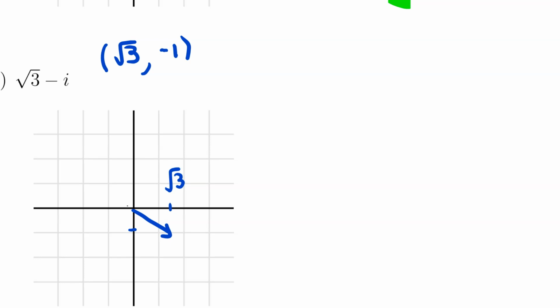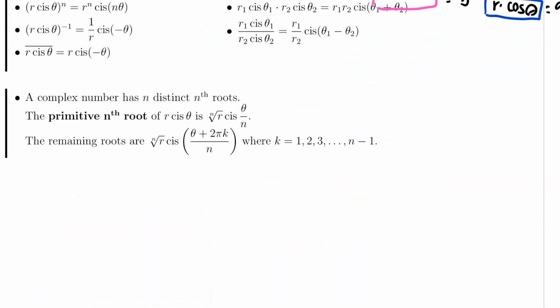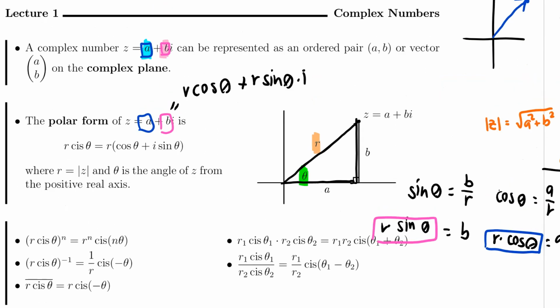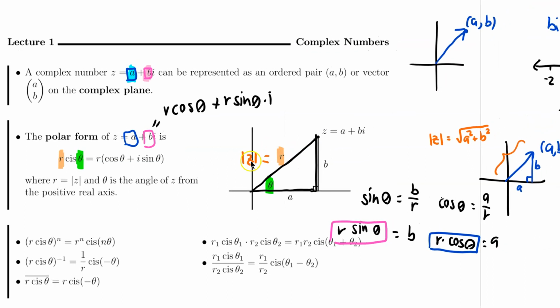Okay, so let me go back a little bit. Now, how do we write things in polar form? In polar form, we have to write a plus bi as r cis theta, or r cosine theta plus i sine theta. So the two things that we need to find are the parameter r and the parameter theta. Now r is easy because r is just the length of my vector. So to find r, that's just the norm of my complex number, which is the square root of a squared plus b squared.